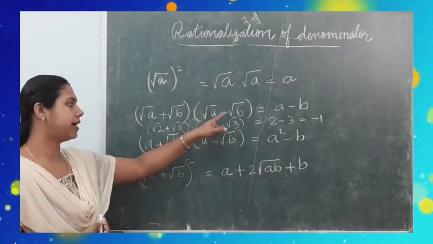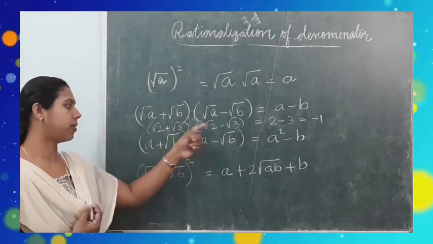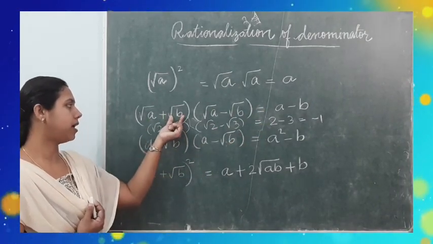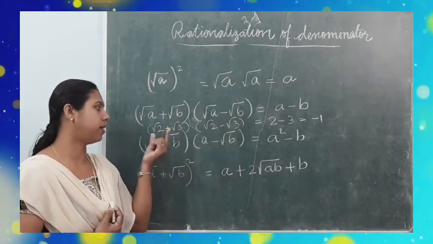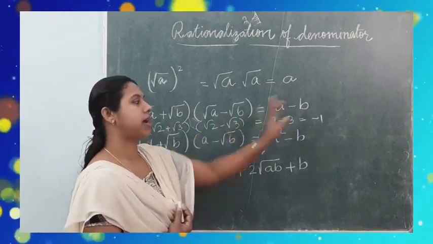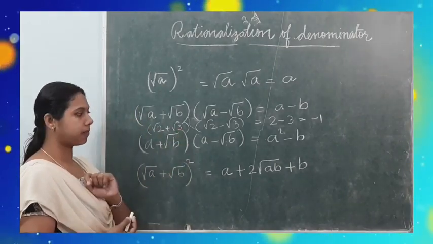So using this identity, very easily you can write the answer without multiplying. Root A plus root B into root A minus root B, if the question is in this form, it will be equal to A minus B. Here A is 2 and B is 3.